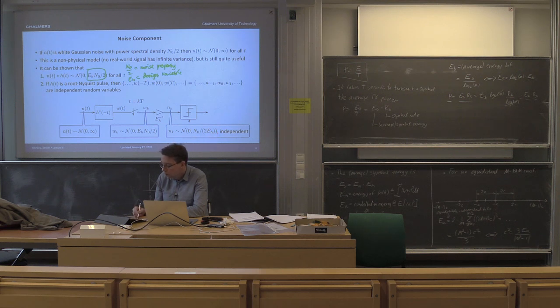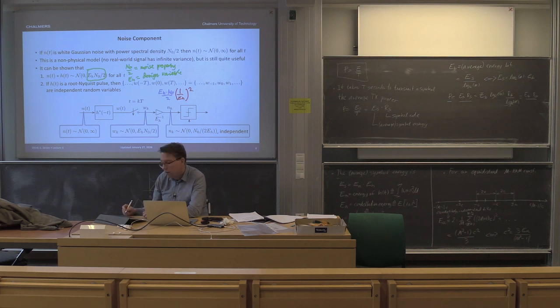Okay, and why is this? It's because if the input variance is EH times n0 over 2, so this is the variance before, and then we divide by EH, then we need to multiply that input variance with this squared.